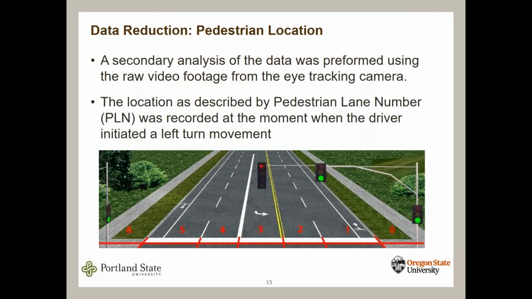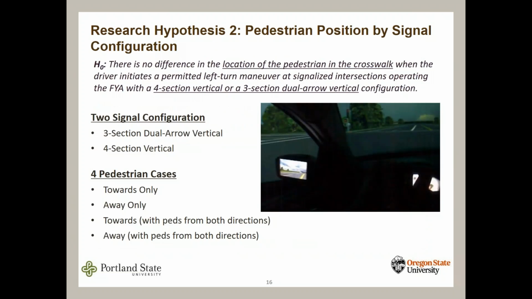So beyond how the visual search task was distributed during the permitted left turn, we're pretty interested in the relative position of the pedestrian in the conflicting crosswalk and our left turning vehicles during the permitted phase of the indication. At this time, we broke down the pedestrian position by lane number. So relatively speaking, where were they in the crosswalk?